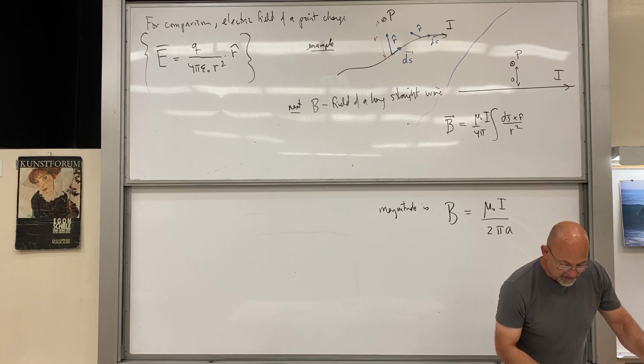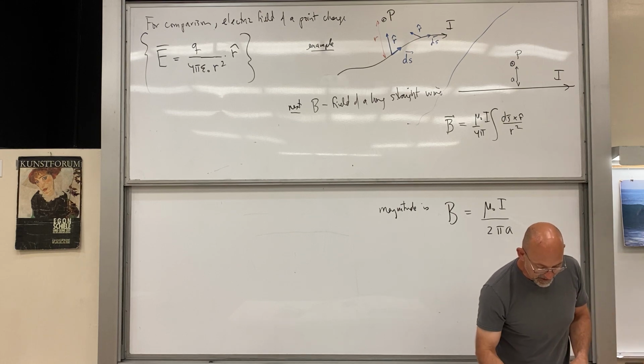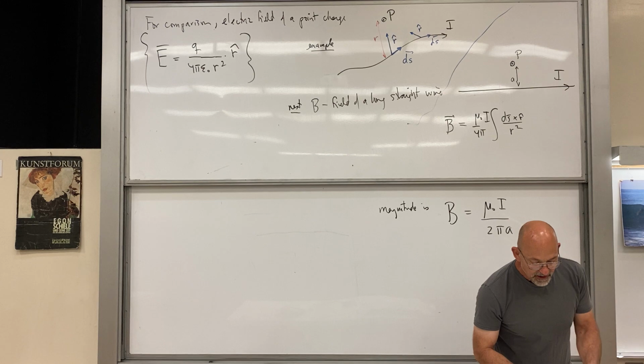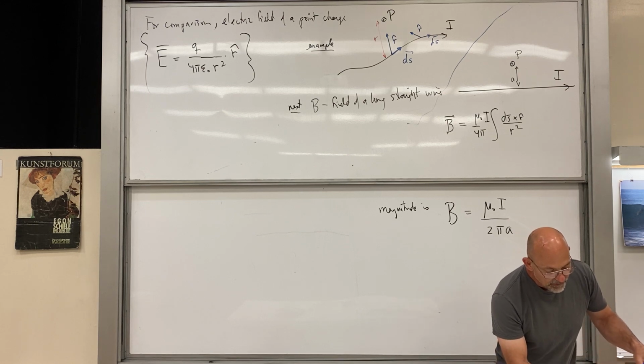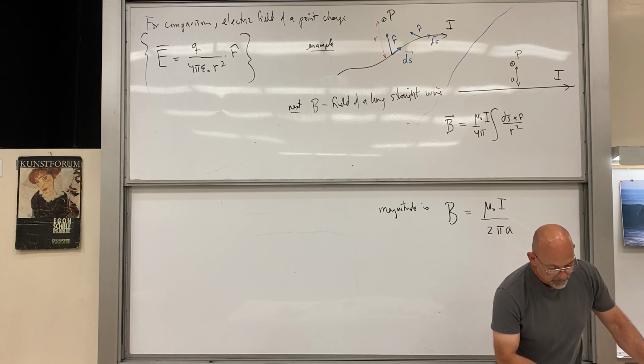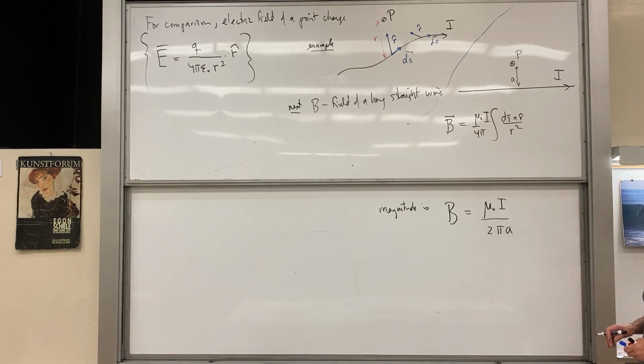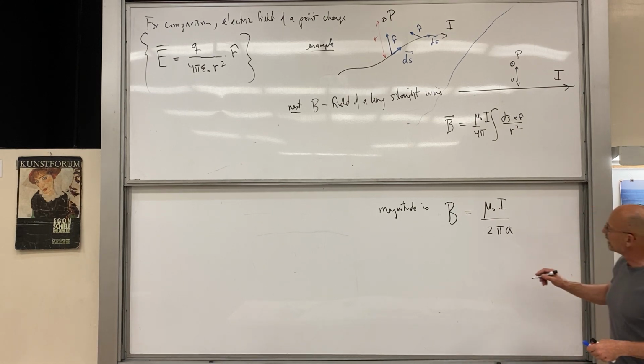It's a nice integration. I think it would be in our text as well. I have it right here, mu naught over 2 pi A. But let's look at this result. That's the field of a long straight wire.